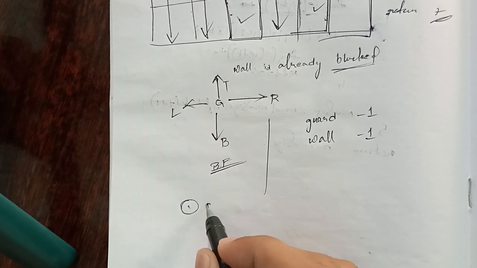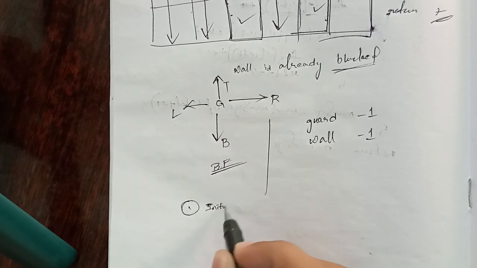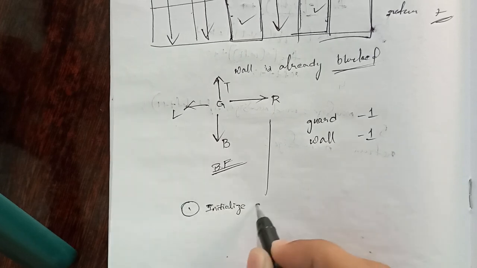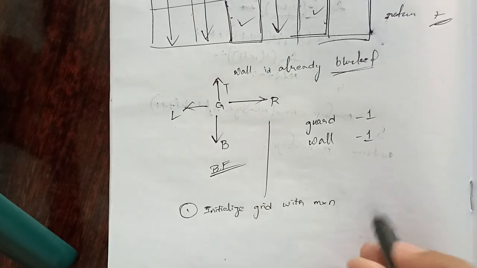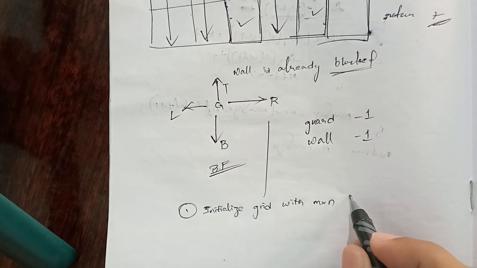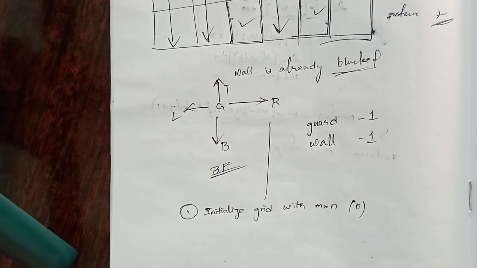So our approach will be, first thing, initialize a grid of m by n size where everything is 0.